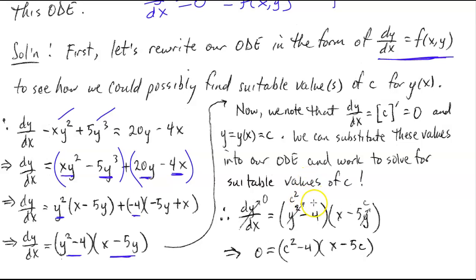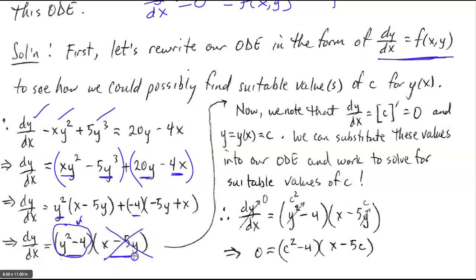Now, if I want to know what values of y equals c, where c is a constant, will produce a solution to this differential equation, I have to look at what values of y make this particular factor of the expression on the right go to 0, okay?